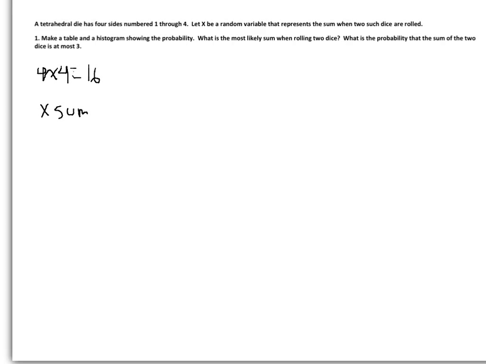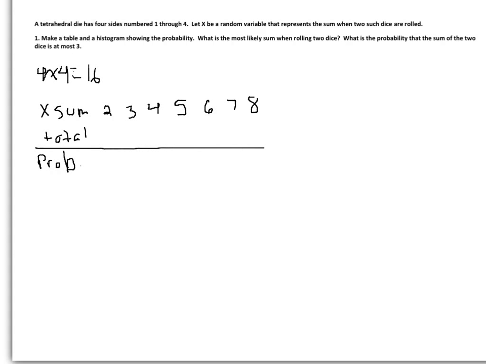The x sum, you could sum to 2, 3, 4, 5, 6, 7, 8. The total ways and the probability. Okay. The only way you can roll 2 is a 1 and a 1. So you have one way. 3, you could go 1, 2, or 2, 1.